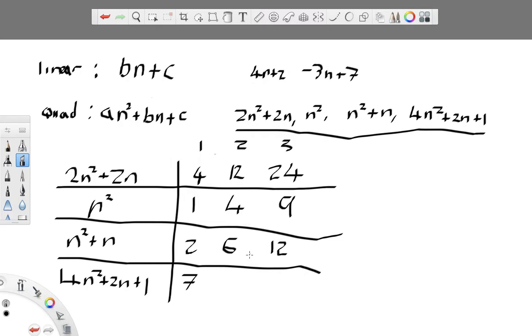So for that, 21. And then if we want the third term, again, we just put 3 in place of n. So substitution, I got 43 for that. So that's an example of finding terms in quadratic sequences.